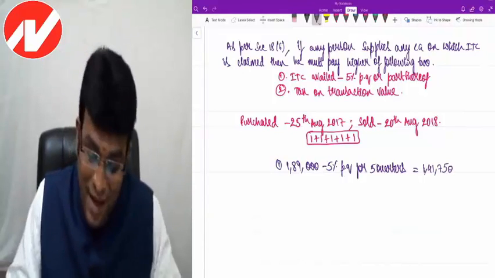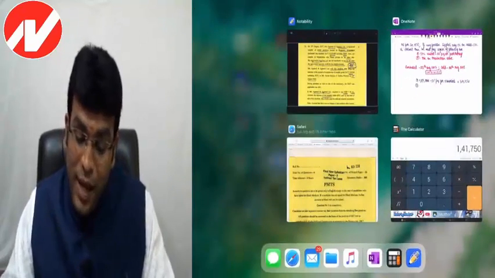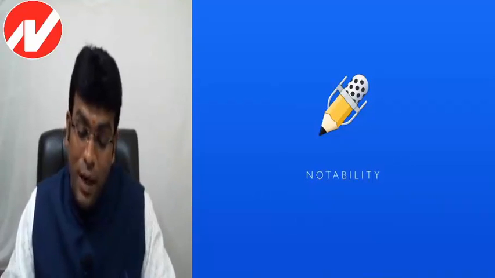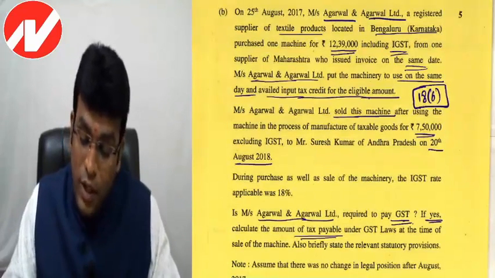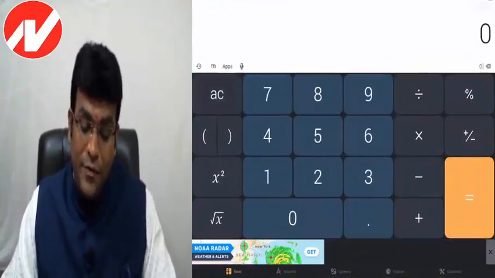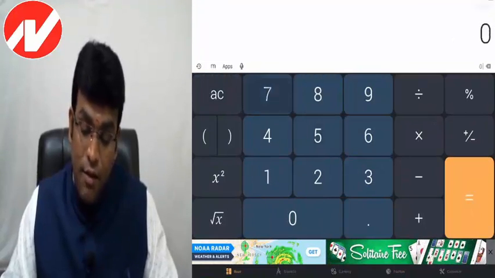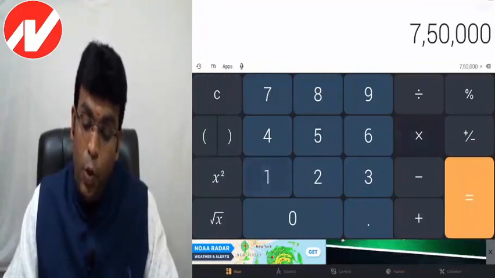Number 2, tax on transaction value. Come on, friends, tell me what is the transaction value? We sold it for what price, my dear friends? Please look at that. We sold it for 7,50,000. So 7,50,000 into 18%.